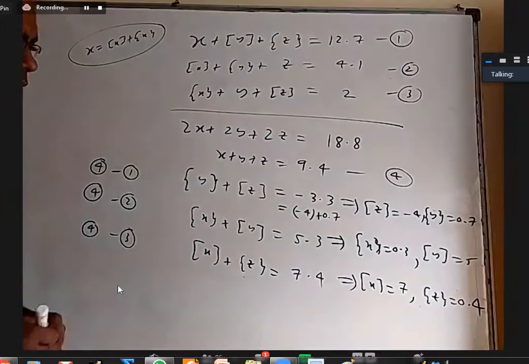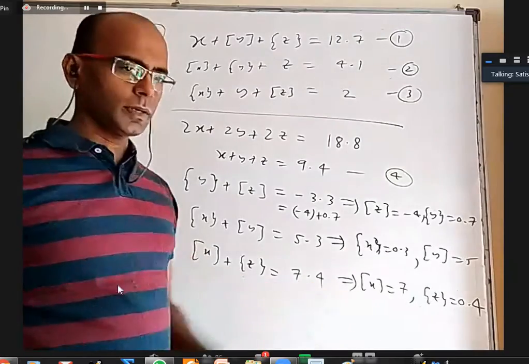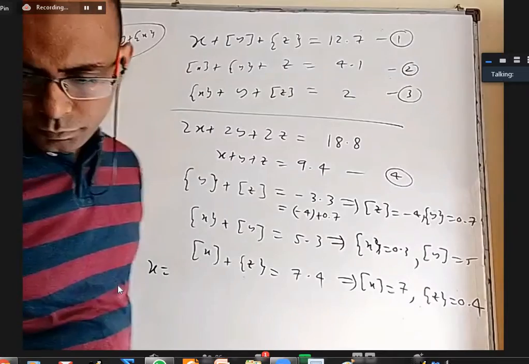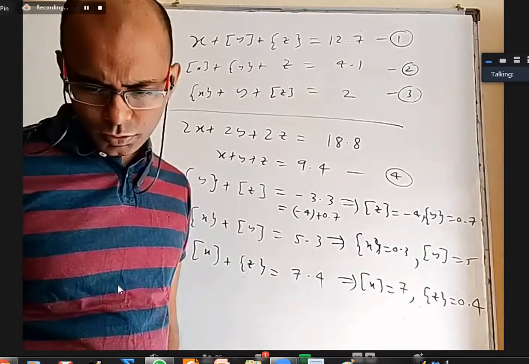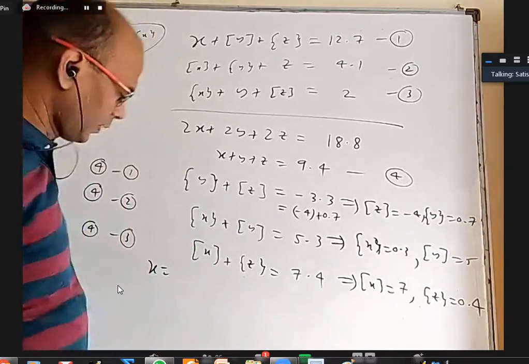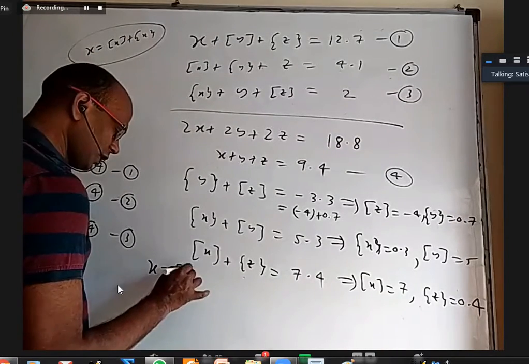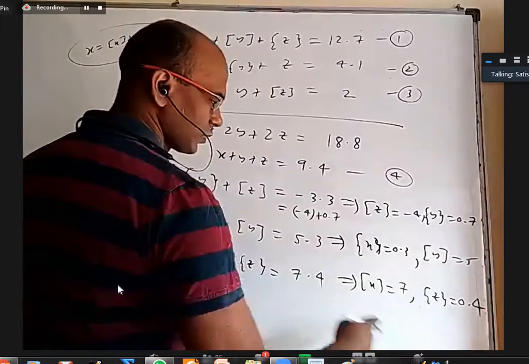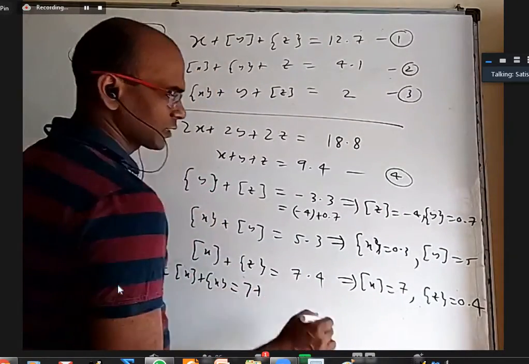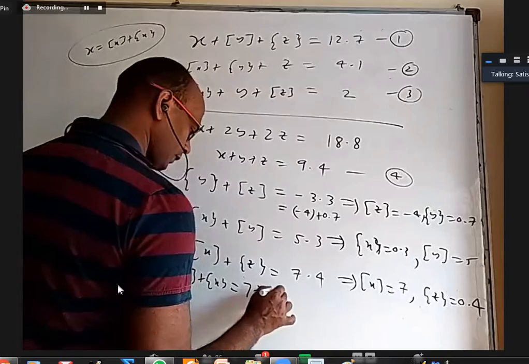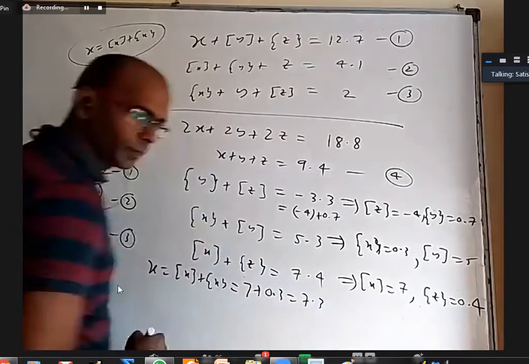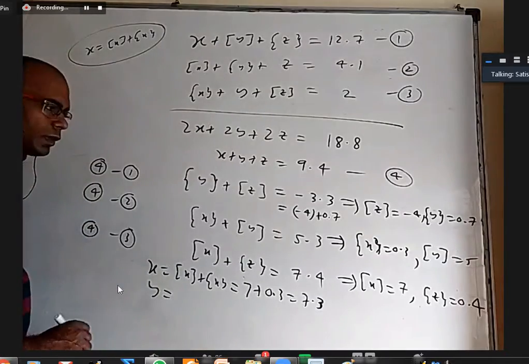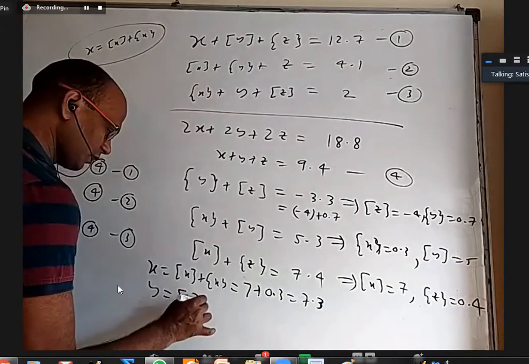Okay. So it's nice that we are able to get all the separate parts. So somebody asks you the x value. I don't know what they asked, some kind of matching thing they asked. But anyway, x is integer part of x plus fractional part of x. We got 7 for the integer part, and 0.3 for the fractional part, so x is 7.3. Y is integer part of y plus fractional part of y.